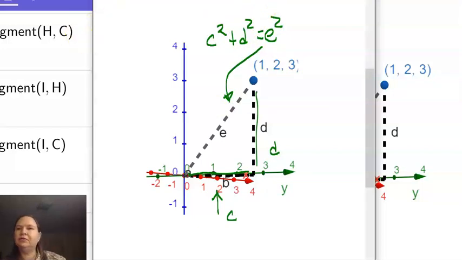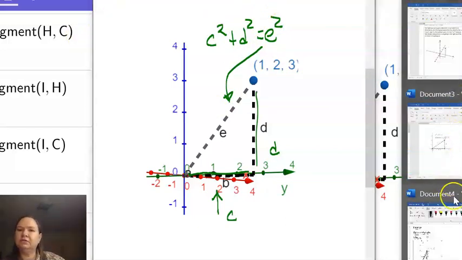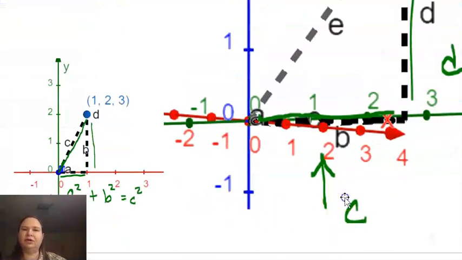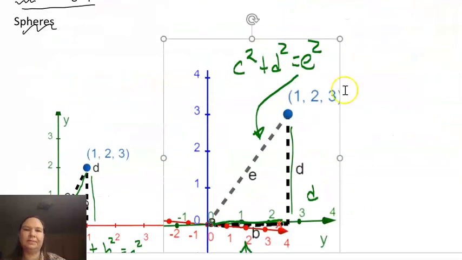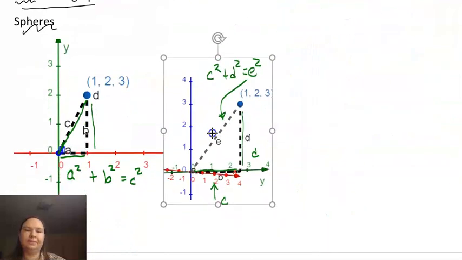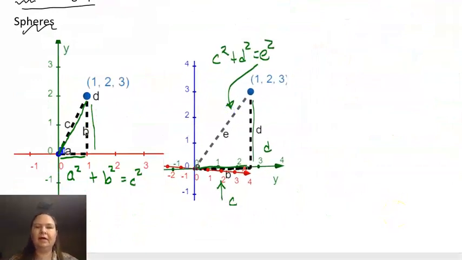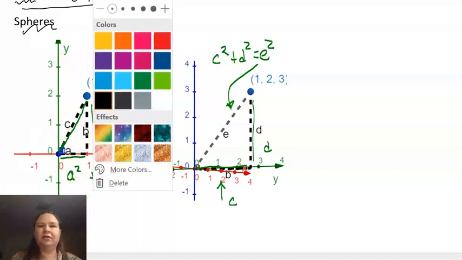And now I'm going to put those two equations together. I saved the last picture so I could have these two pictures side by side.